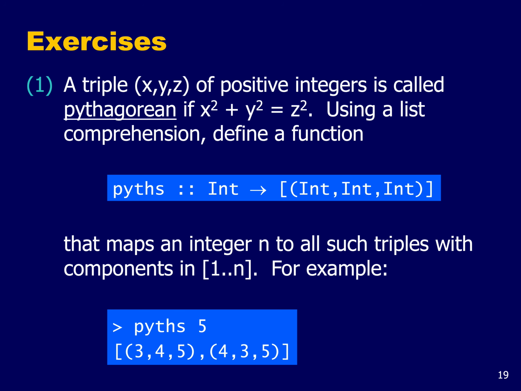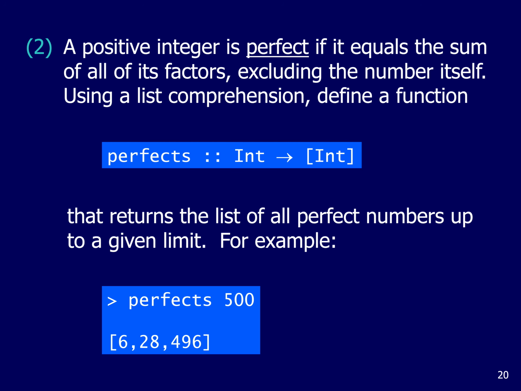So you can think, how do you define this? The second example is to do with what's called perfect numbers. A positive integer is called perfect if it equals the sum of all of its factors, excluding the number itself. So for example, down the bottom, 6 is a perfect number because the factors of 6 are 1, 2, 3, and 6.